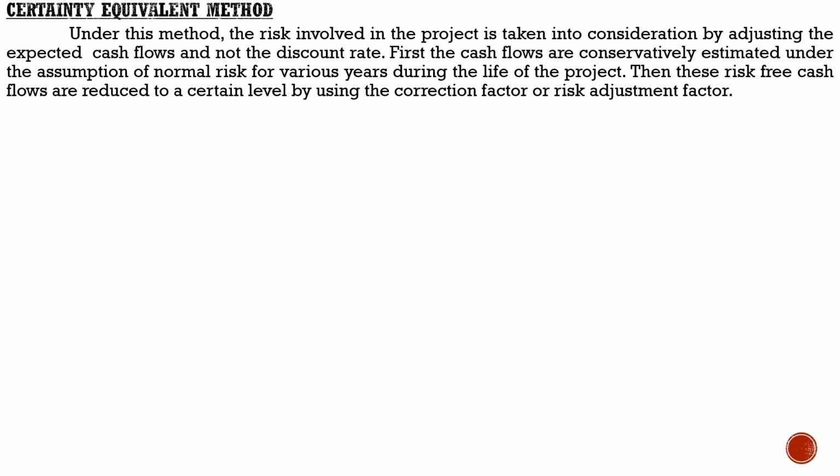So each cash flow will be subjected to a certainty equivalent factor. If you adjust that certainty equivalent factor with the inflows, you will get the actual cash which you are going to earn, otherwise known as certain cash. Certain means sure cash. That is known as certainty equivalent method. You will get a clear picture when we discuss the same case.